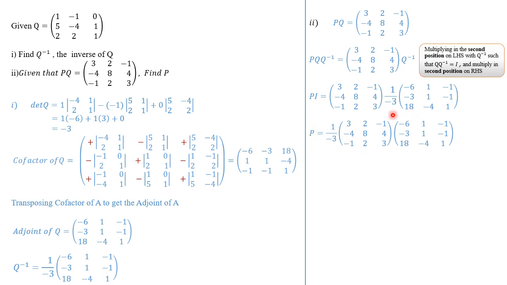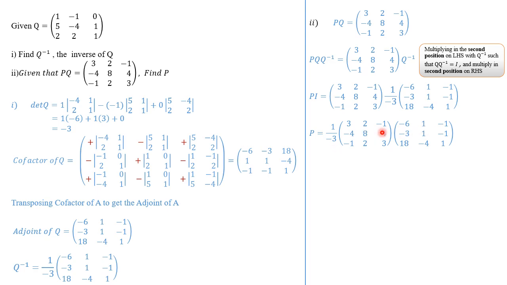Remember, the constant is in the first position. We just put the constant aside and maintain the order of the matrices. So don't change the order, like putting the inverse in the first place. We are maintaining the order of the matrices.